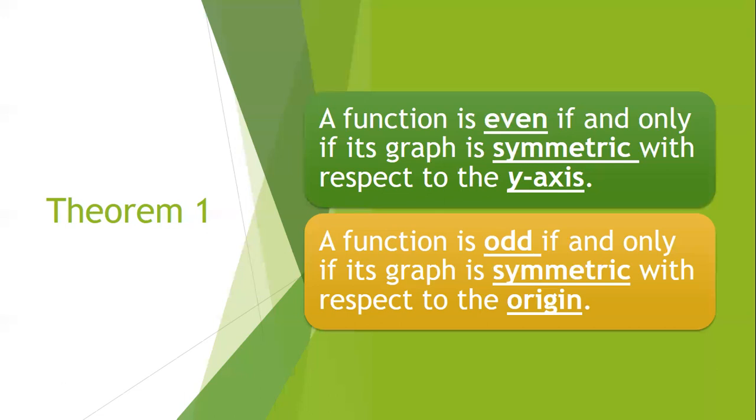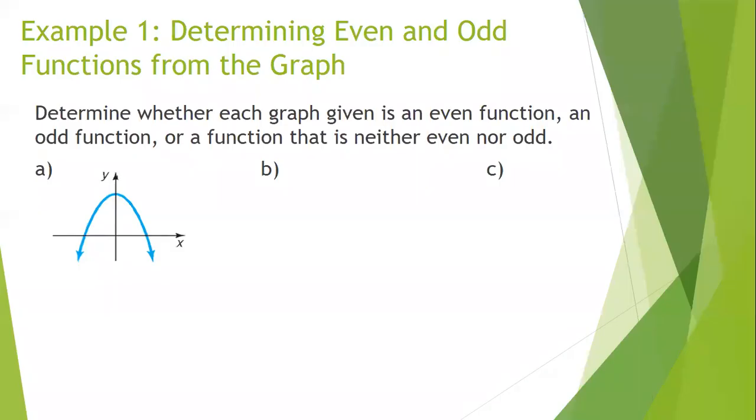Okay. Questions, comments, concerns so far? All right, so let's put these words into action, because it kind of can be like, what the heck is happening? All right, so here we have a function on a graph. I know it's a function because it passes the vertical line test, so I can call it a function. And I want to determine if it's even, odd, or neither.